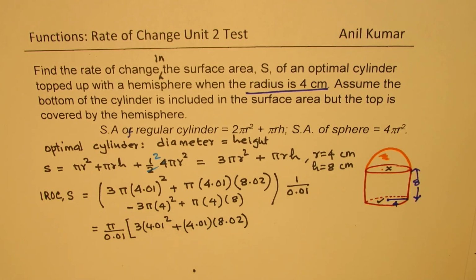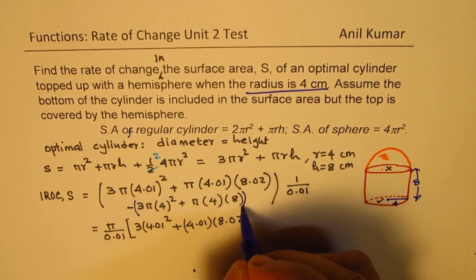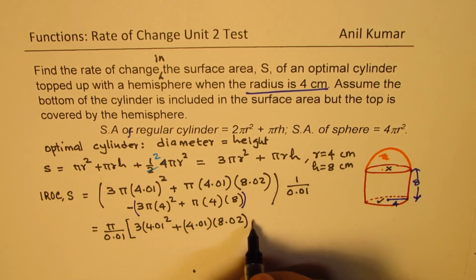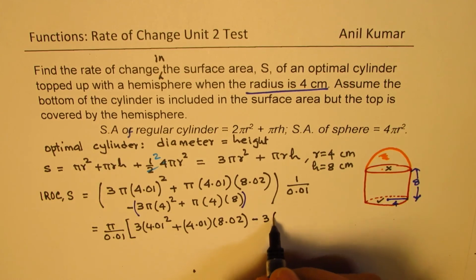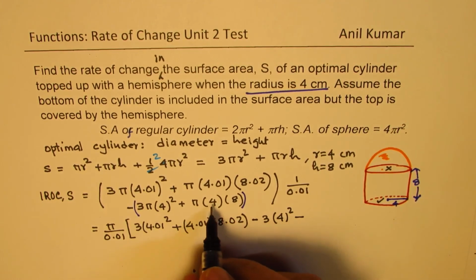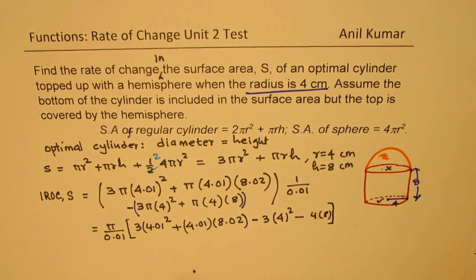And when you minus this, we have to minus both, right? So let me write small brackets here. We'll write minus 3 times 4 square, and we'll do minus 4 times 8. Correct? Let's use the calculator and find this.